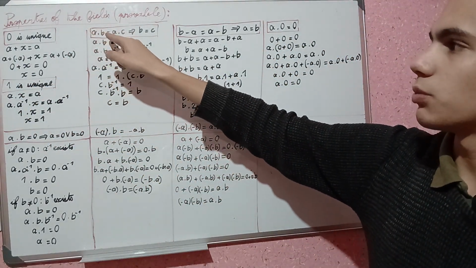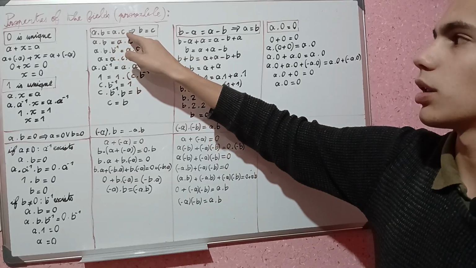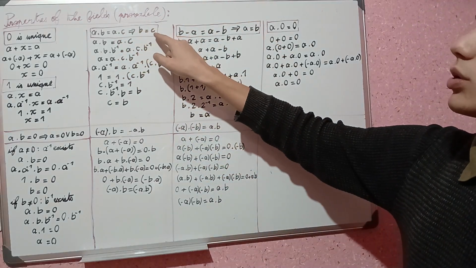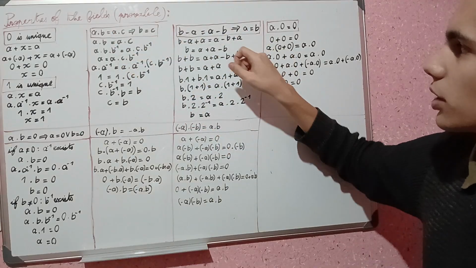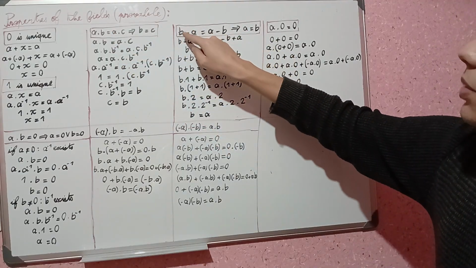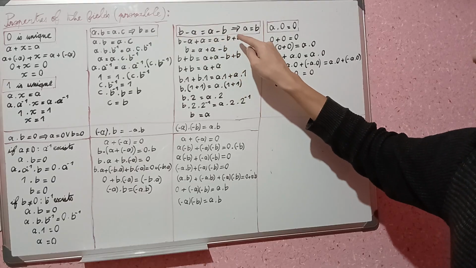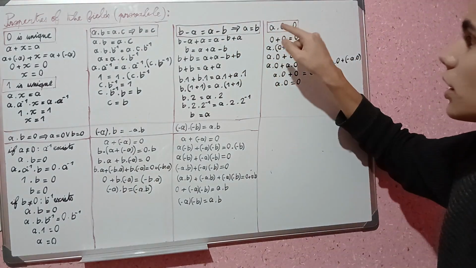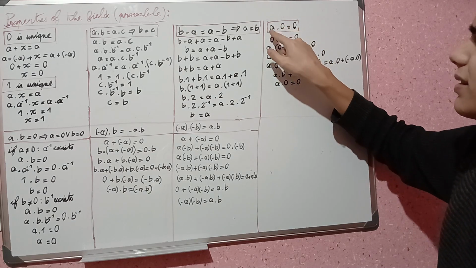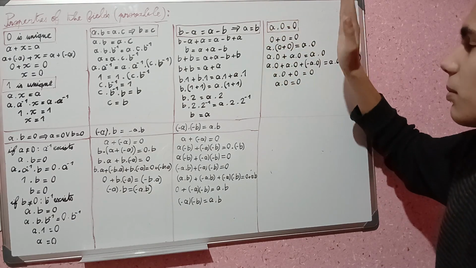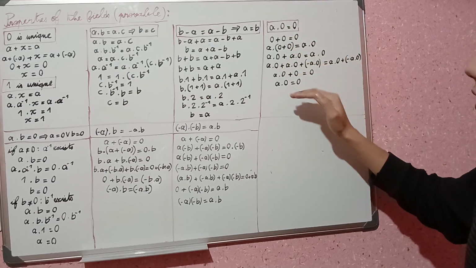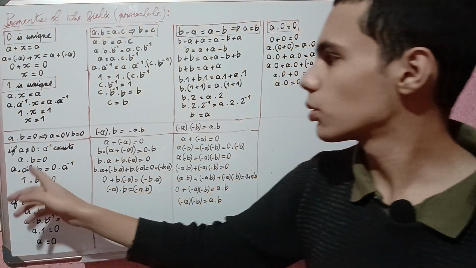If a multiplied by b equals a multiplied by c, this implies that b equals c, because we have this. And also if b minus a equals a minus b, then a equals b. Also, any number multiplied by 0 is equal to 0. We proved this by this proof.